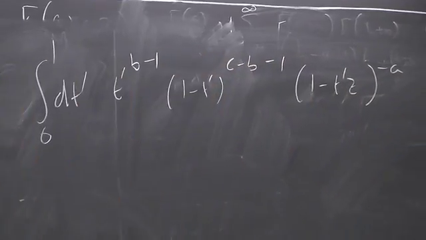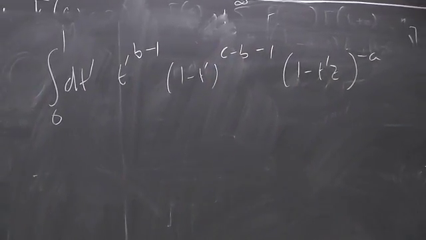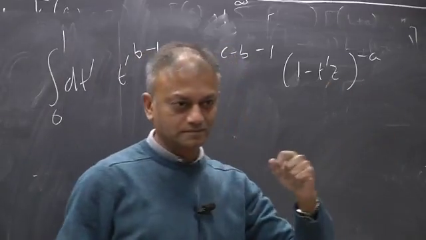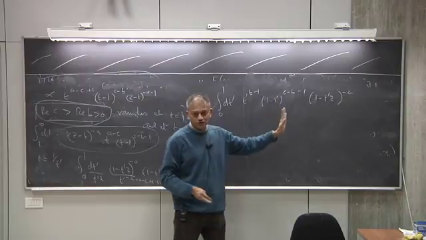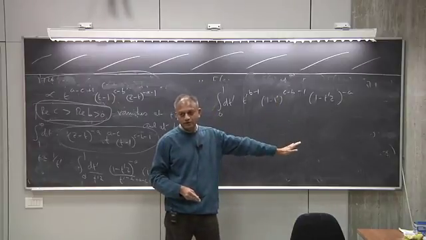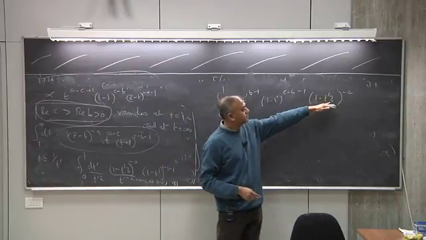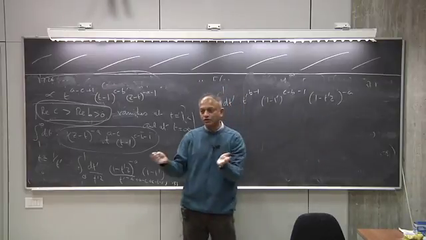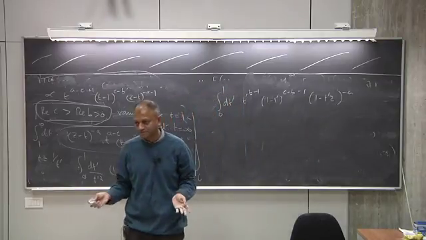So let's try to see what happens. Suppose I'm looking at z near 0. I mean, this is a solution of the hypergeometric equation, but we want to study the behavior near the various singular points. So let's say z equal to 0.